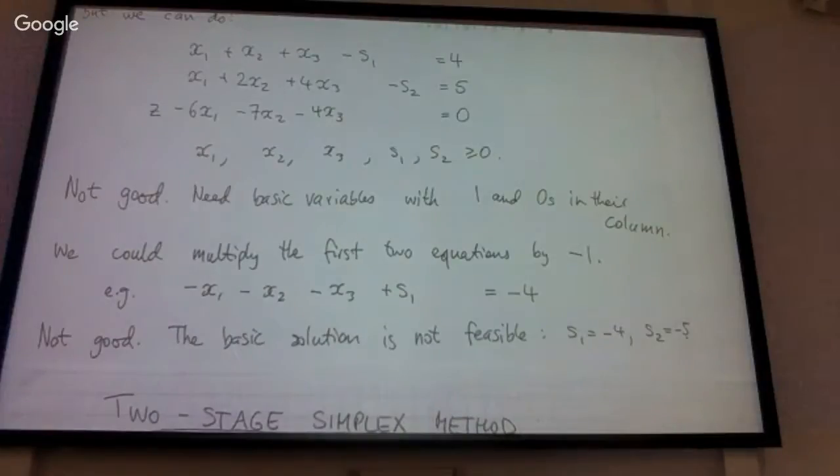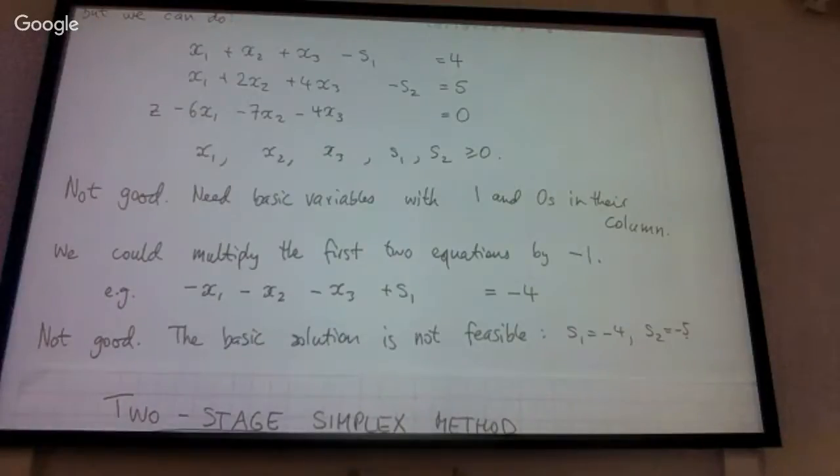So the two-stage simplex method does the following. It's called two-stage for a reason, because it has two stages. In the first stage, it finds a basic feasible solution of this problem, and in the second stage, it then solves the minimization problem that we have to do. Okay?